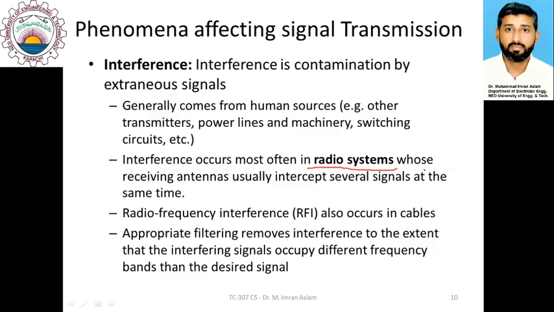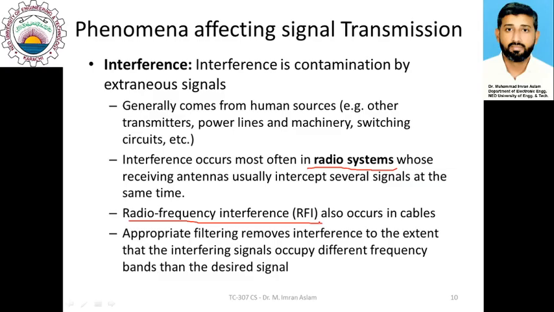Generally, in a radio system, this interference is named radio frequency interference, because the radio frequencies get interfered with each other, and these radio frequencies also affect the signals which go through the cables. So the bottom line is that interference is actually a contamination or waveform change because of the presence of other signals in the vicinity, and the presence of those other signals causes some sort of change in the signal.